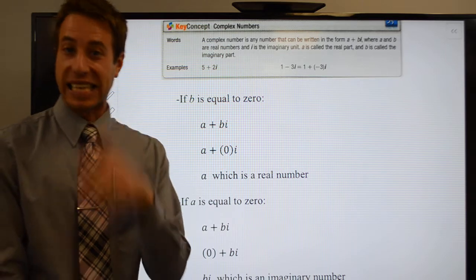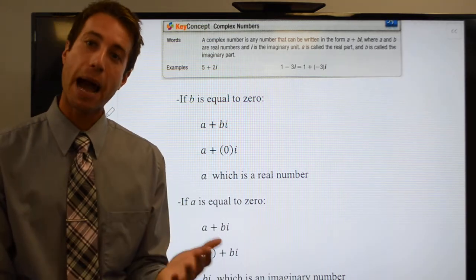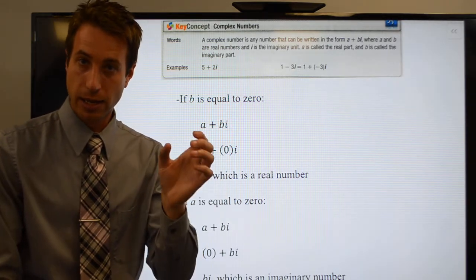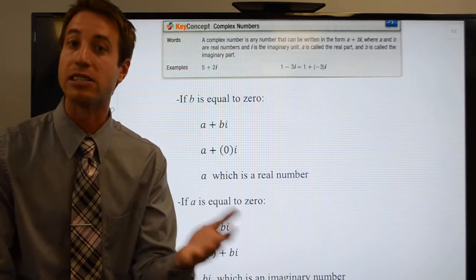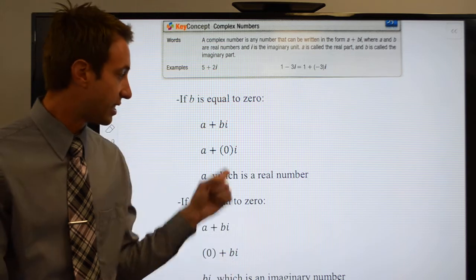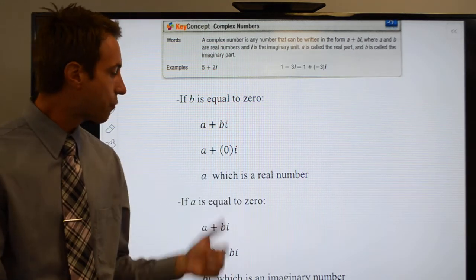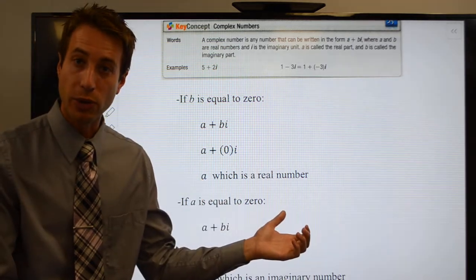Now, to get a real number, what happens is my coefficient in the imaginary portion of my complex number is going to be 0. Well, 0 times anything, of course, is 0, and what I'm left with is just a, which is a real number.